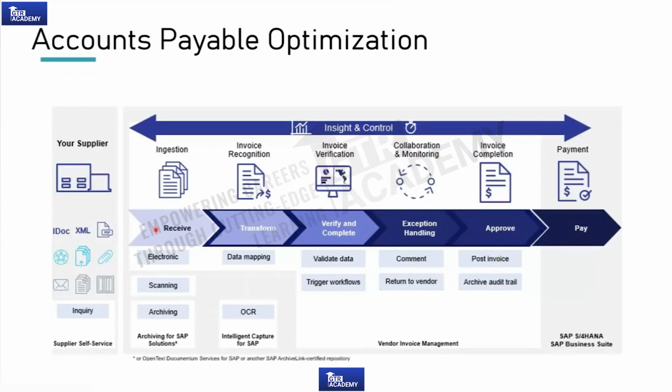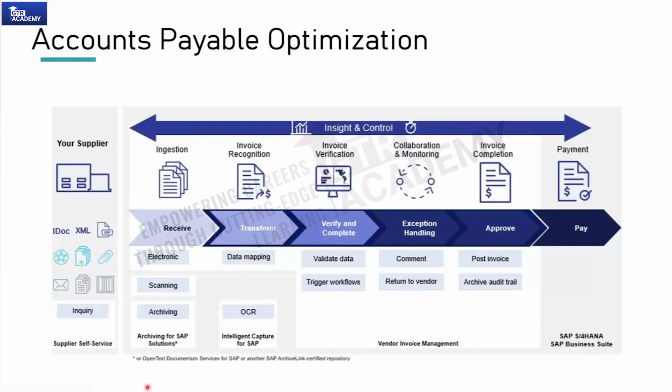From the previous slide, the general steps in any invoice digitalization solution are receiving, transformation or verification, exception handling, approvals, and pay. The VIM solution has split across these in the vertical lines.